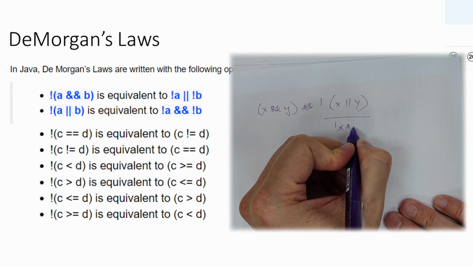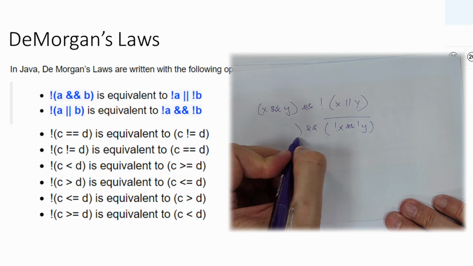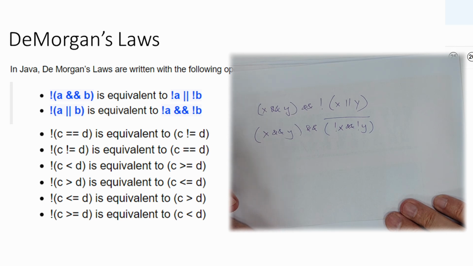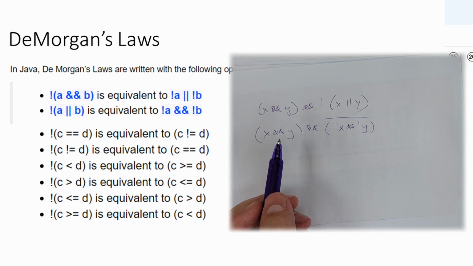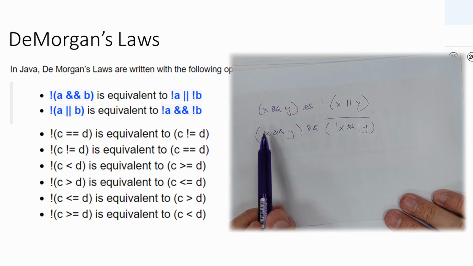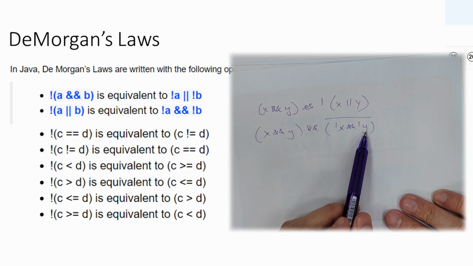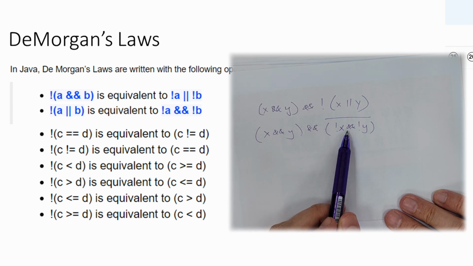So we can go not x and not y, like that. So what's the problem with this? The problem with this question is that we have x and y, and not x and not y.